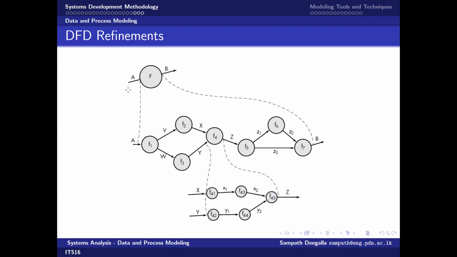So this diagram shows you how this refinement happens. Let's say what is inside between A and B is the process. But if you want more detail, you can elaborate more, because input will be A and output will be B. That is, if this is a 0th level, this will be the level 1.